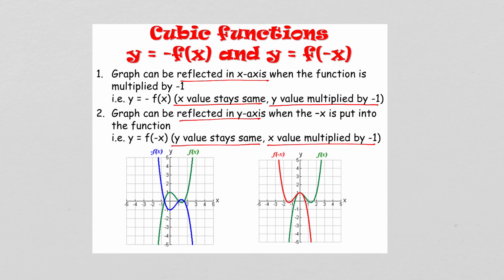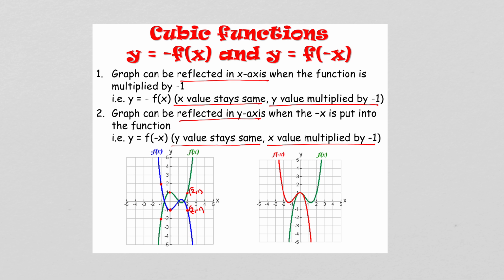If we're looking at the graph there, if I go out to 2 and up to 1, this value here is 2 minus 1, so my y coordinate has been multiplied by minus 1. Out to 0 and up to 1 becomes out to 0 and down to minus 1. So again, we're multiplying the y coordinate by minus 1. So out to minus 1 and up to 2 becomes out to minus 1 and down to minus 2.